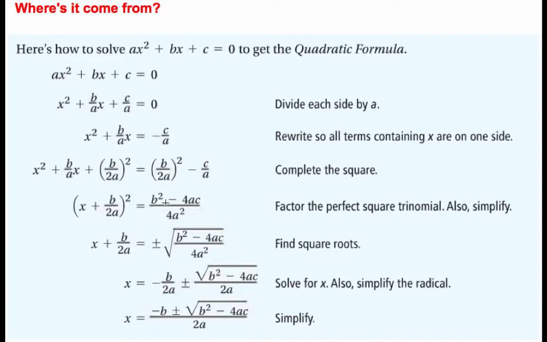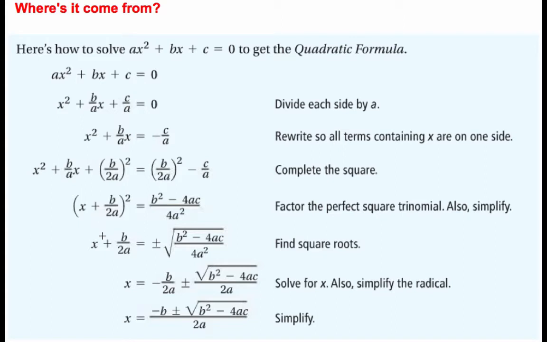We squared this, got a common denominator of 4a squared, and then combined those two fractions into one. Then we take the square root of both sides, undoing the square on this side, so we are left with x plus b over 2a. And the square root of the right side, we have a plus or minus, and then all this big radical here.